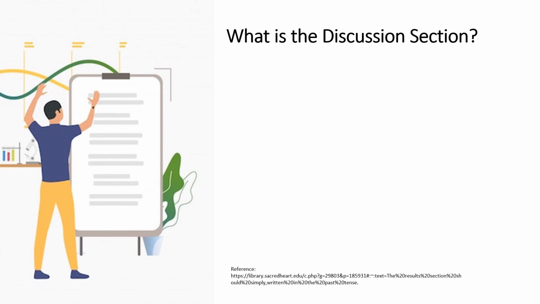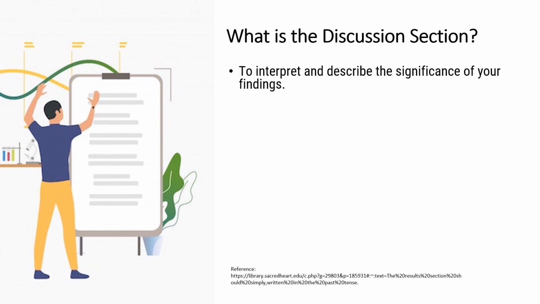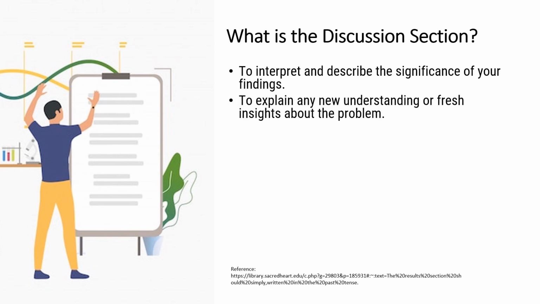About the discussion section. The discussion section is used to interpret and describe the significance of your findings in the light of what was already known about the research problem being investigated. This is also used to explain any new understanding or fresh insights about the problem after you have taken the findings into consideration.